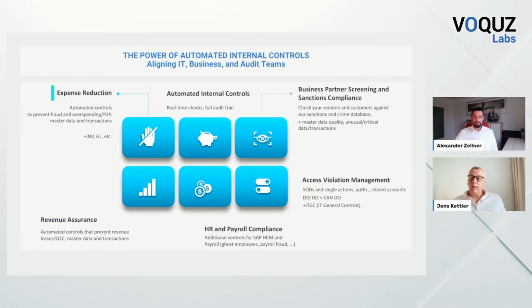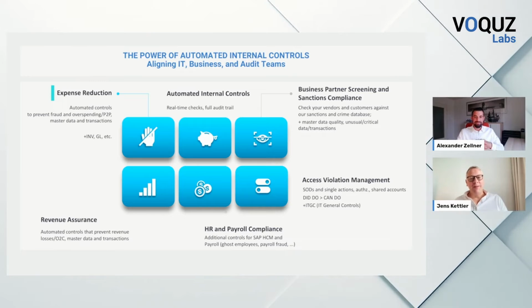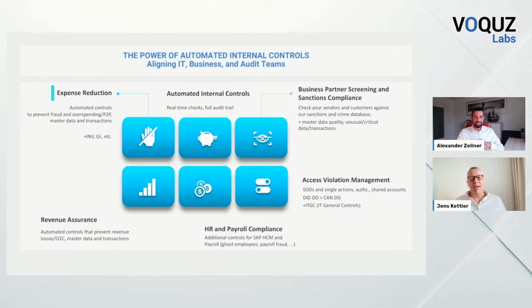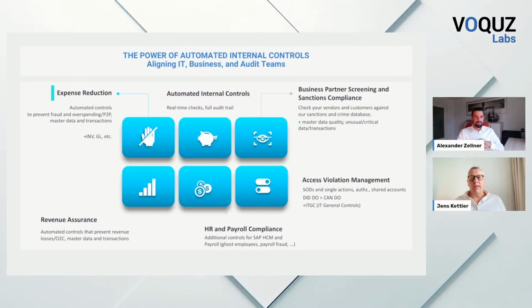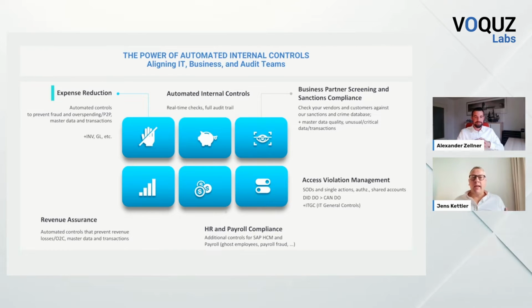But quite similar, we also help with assuring that your revenue is coming in as good as possible. Customers don't use bad payment terms and things like that. So also here, like the security solution map, this is the internal controls map, from expense reduction through revenue assurance, also HR and payroll compliance, business partner screening. So we have different modules here and a library of controls that help to extend the SAP Security Baseline Template into also internal controls.